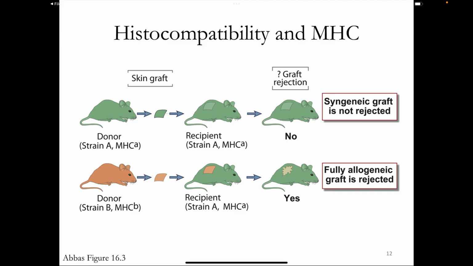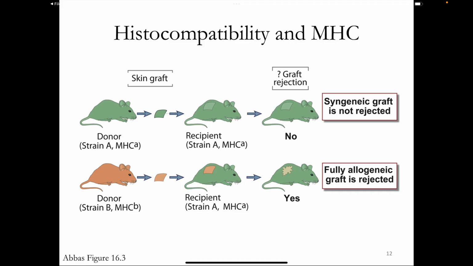So in fact, if you do any transplant between one person and someone who is genetically identical to them, you don't see rejection. Sometimes we refer to those grafts with a prefix of syn or auto. So sometimes we'll talk about a syn graft or a syngeneic graft or an autogeneic graft.